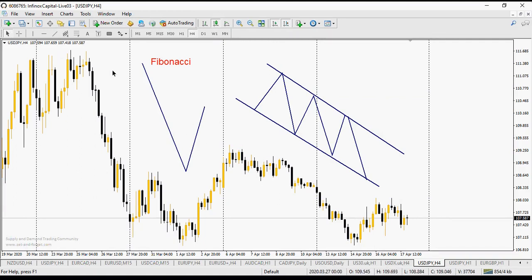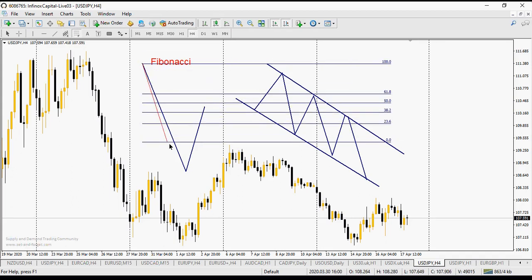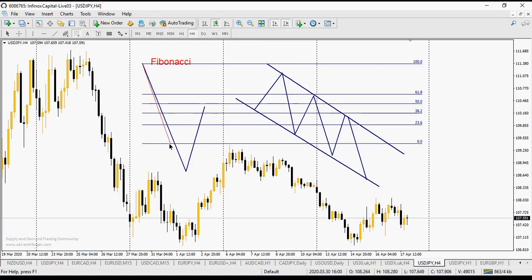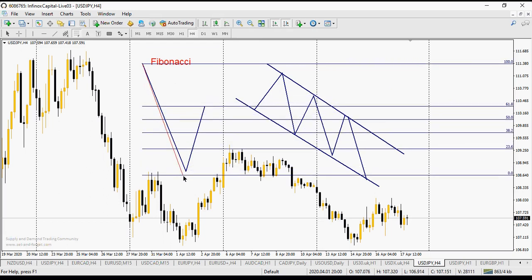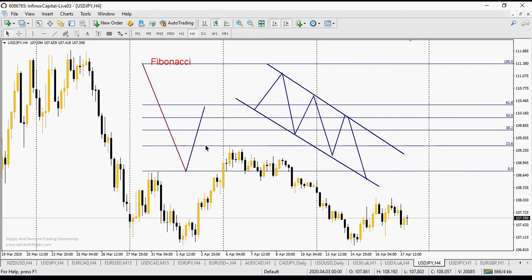So how do you know those levels? It's by clicking on the Fibonacci tool. We are looking at the retracement, how much this bearish market will retrace. So we go from the top of that bearish market to the low of that bearish market, and then see these levels: 23.6, 38.2, 50, 61.8.